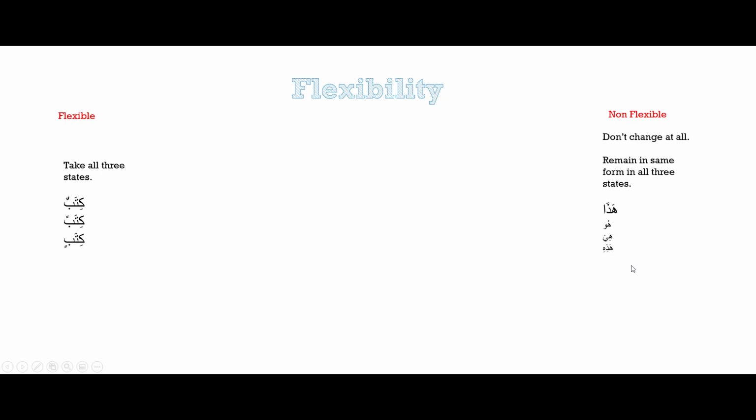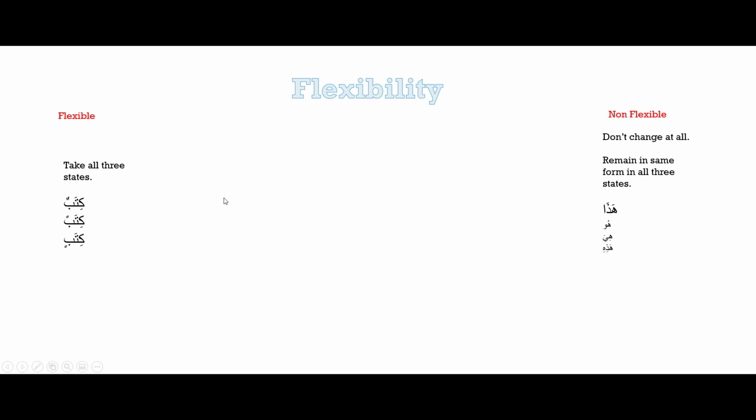There are many other non-flexible words like allazina and so many other things. So these are non-flexible isms, which means they are fixed in their ending signs. So they are called mabni or non-flexible. These are mu'arrab or flexible.